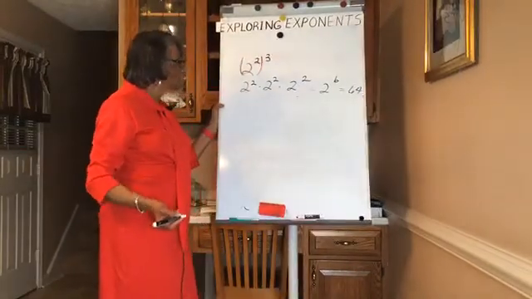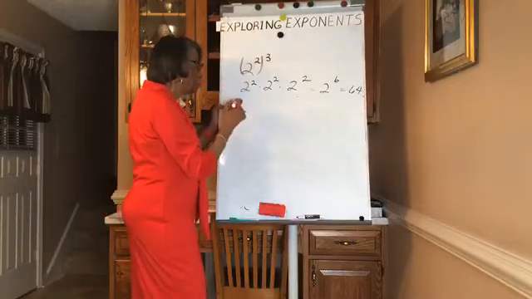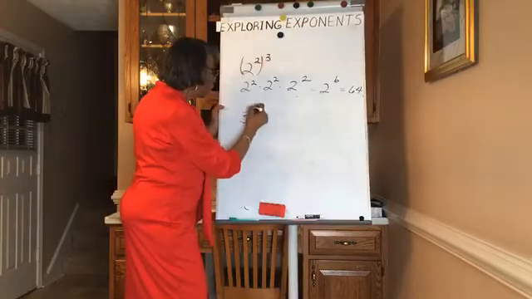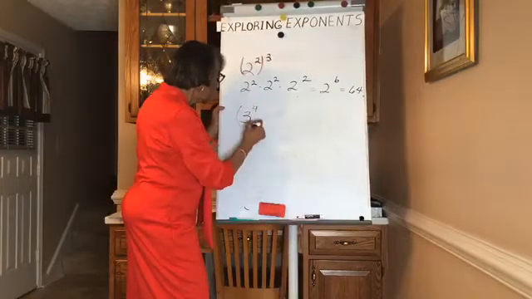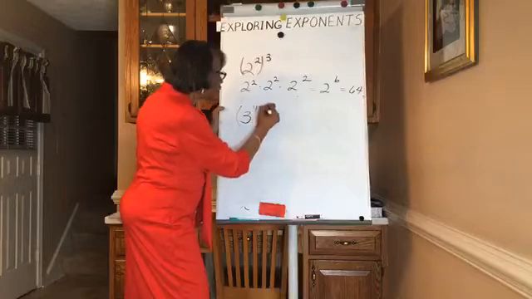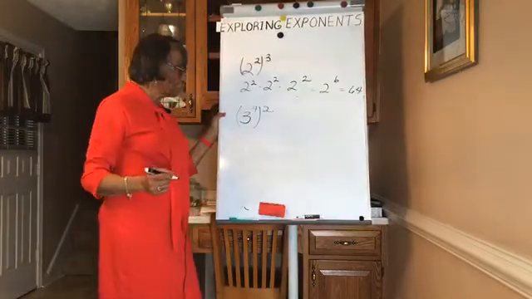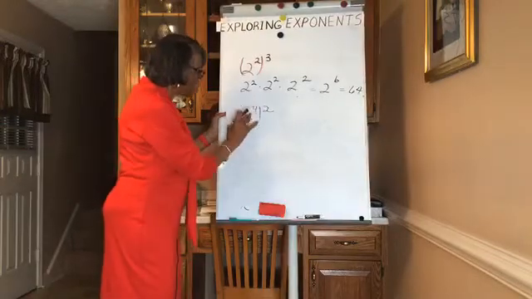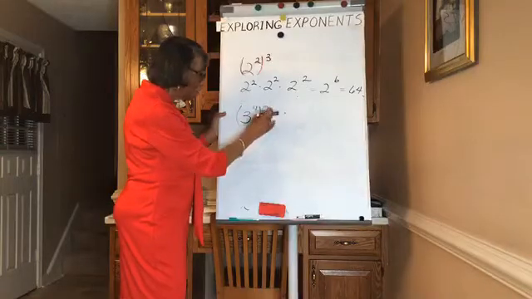All right, so, okay, let's do another. I'm going to do it with numbers first. 3 to the 4th power raised to the 2nd power. Keep them small at first so that you can get the concept. So that means what's inside the parenthesis has to be raised to this power.